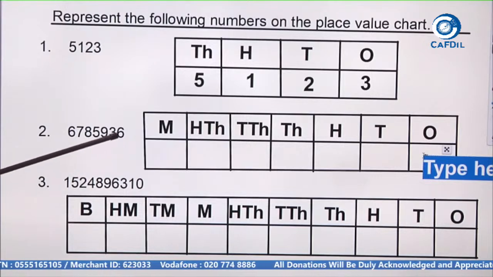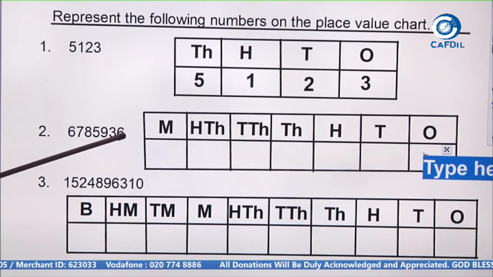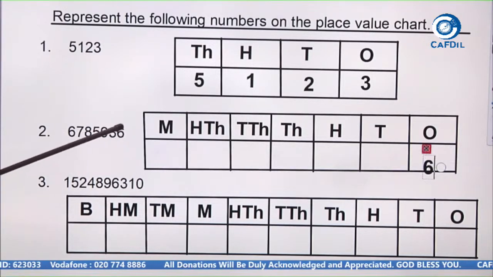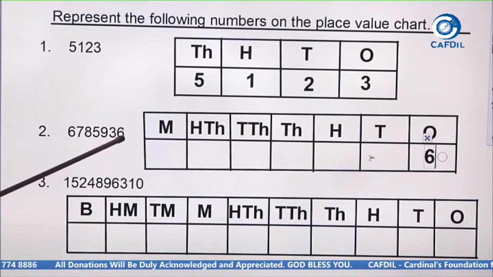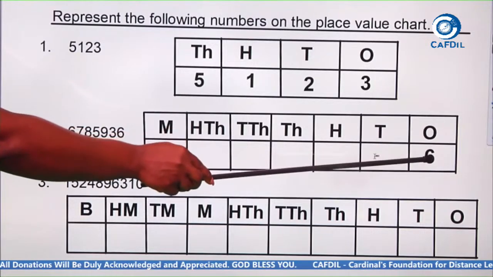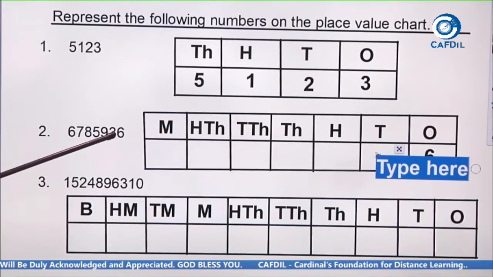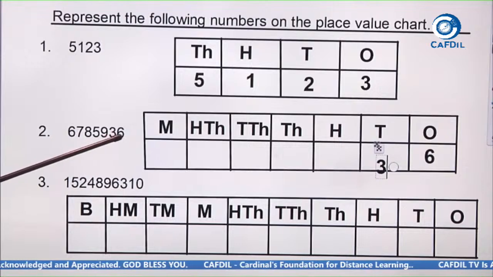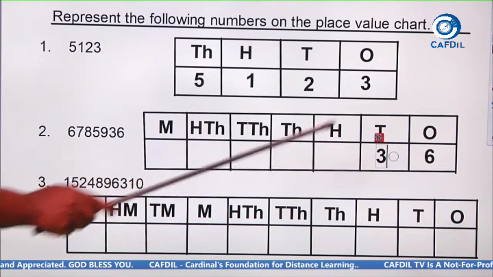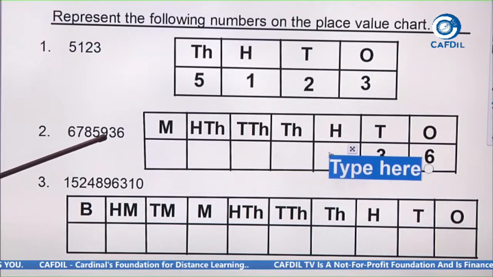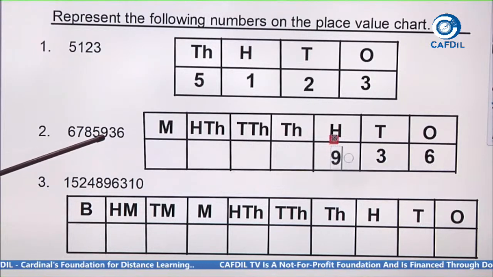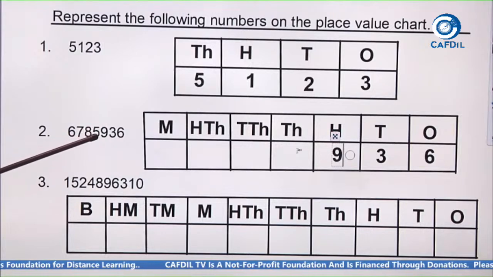So we still begin with the last digit. The last digit is 6, so the 6 will be under the ones. The next digit is 3. Good. The next one is 9 under the hundreds column. We have 5.